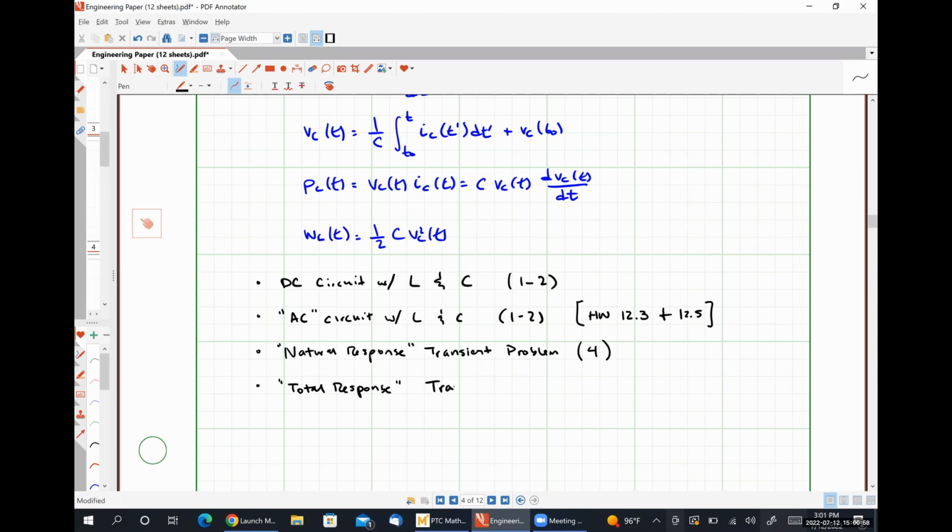If you get an RC circuit for the natural response problem, you'll get an RL circuit for the total response problem, and vice versa. So you'll have one RL circuit and one RC circuit to deal with, but you won't know which one is the natural response or which one is a total response. It's going to switch between the exams. And let's call this 4 to 5 questions.